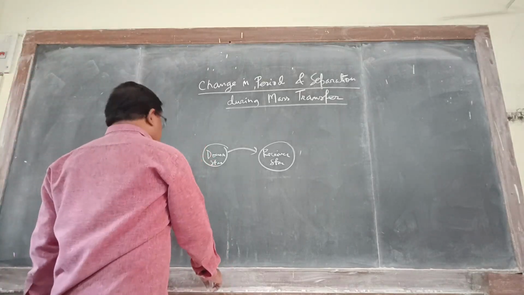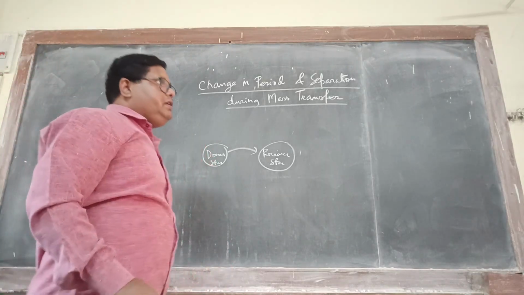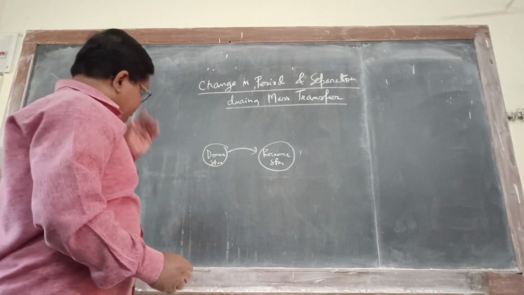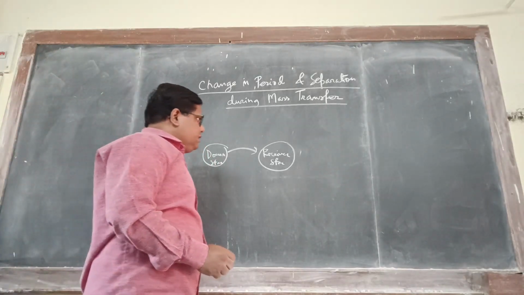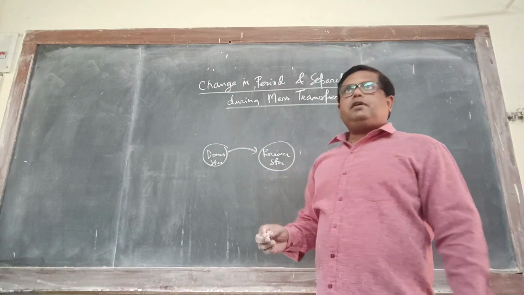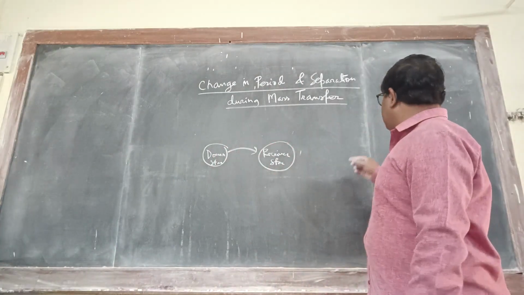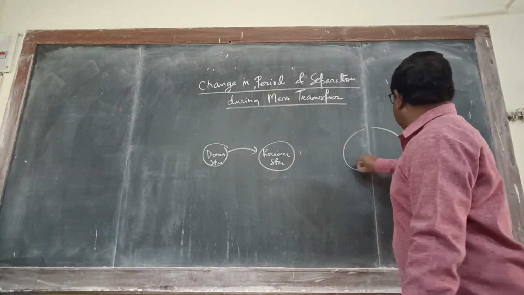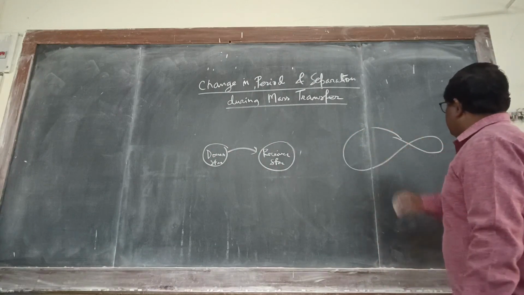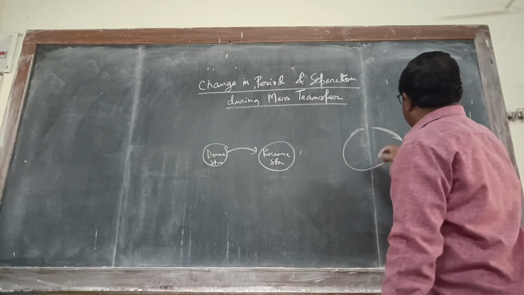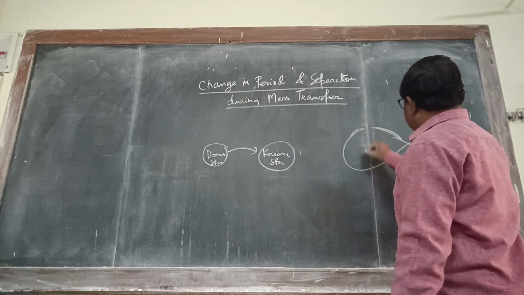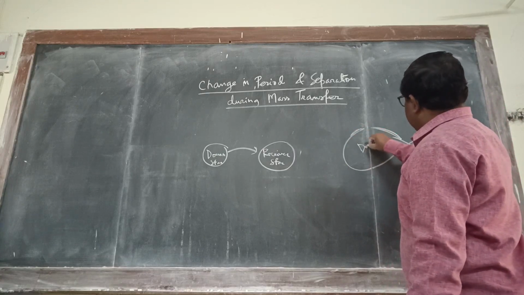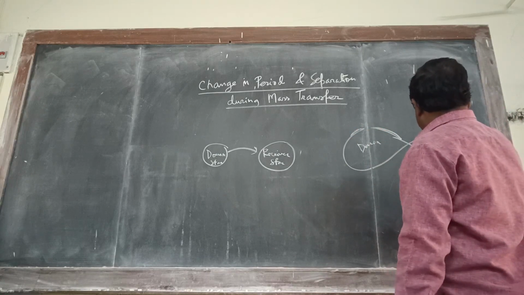Okay, so now we will talk about the change in period and separation during the mass transfer of this binary system. As you have already thought about, our main idea is Roche lobe, right? In this case, one is a donor star and another is a receiver star.